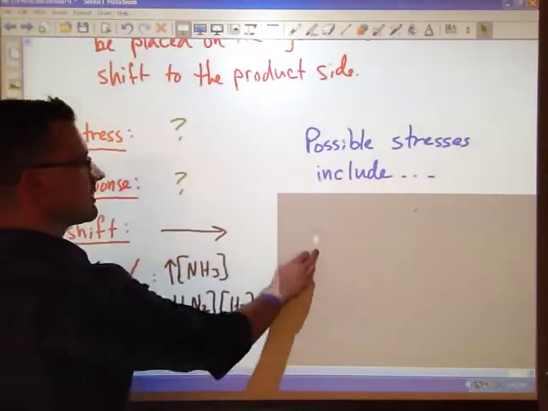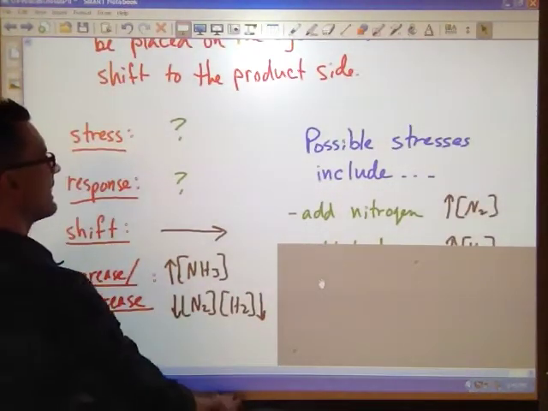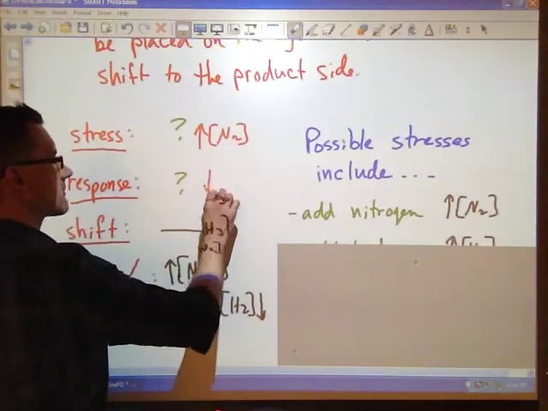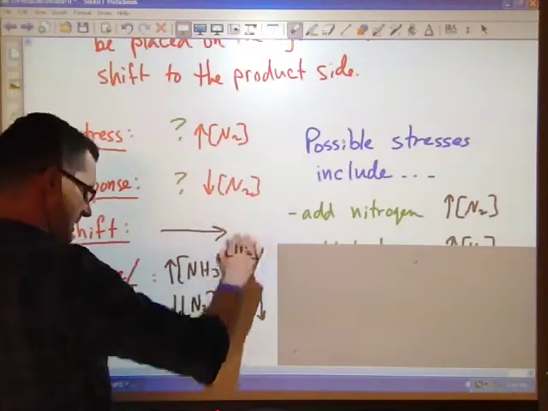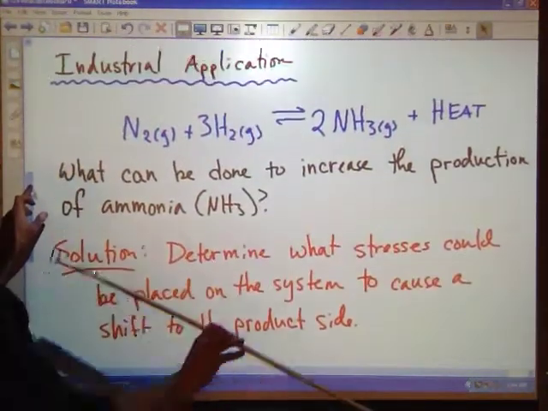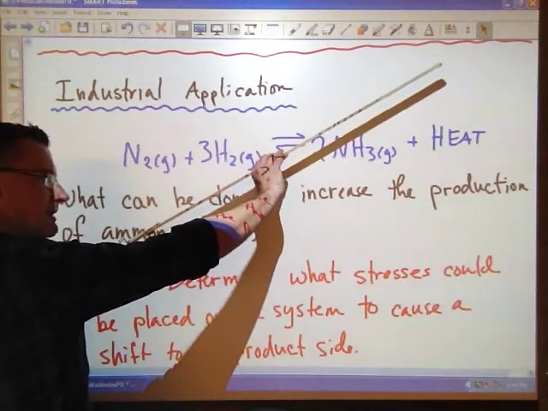Possible scenarios, possible stresses: add more nitrogen. Because if you add nitrogen, the automatic response would be to use up that extra nitrogen. And if we go to the original formula here, adding more nitrogen causes it to be out of balance this way.